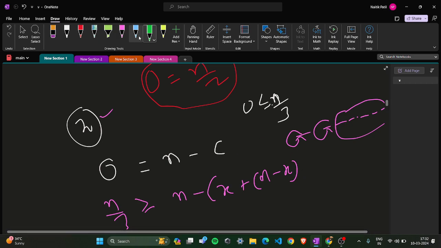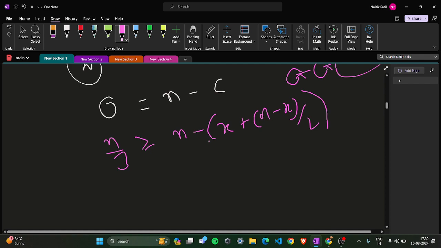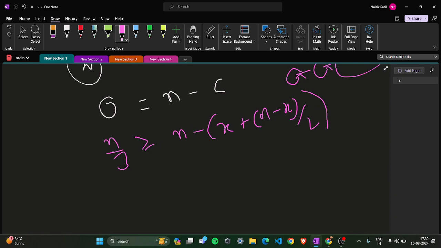So in this case, we'll have n minus x by 2 pairs, or n minus x by 2 cycles. So these are the total cycles we'll be having, and this condition should be satisfied. Now let's solve this equation. I just move the whole thing here.